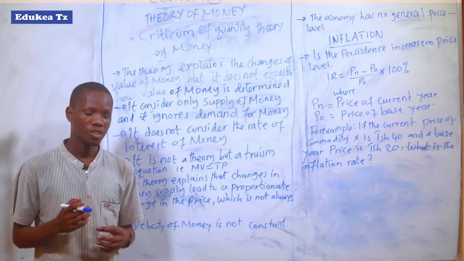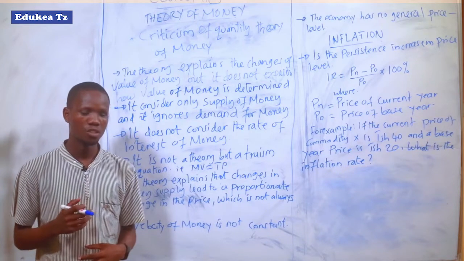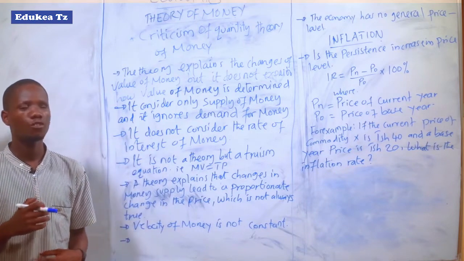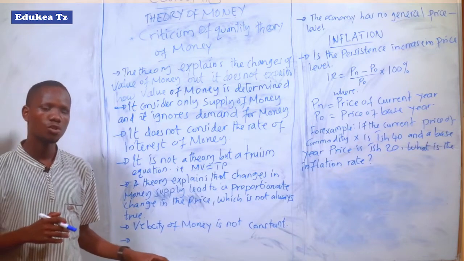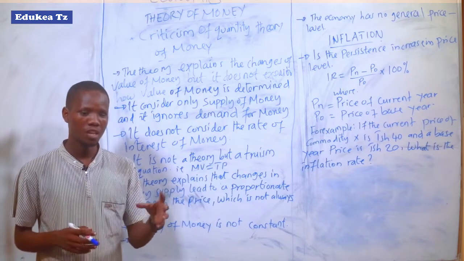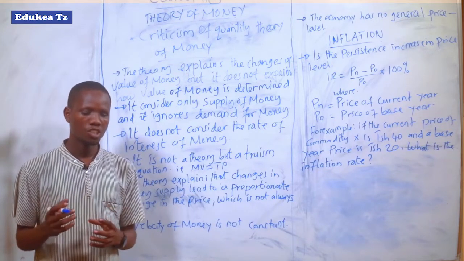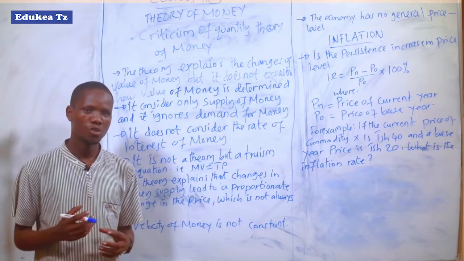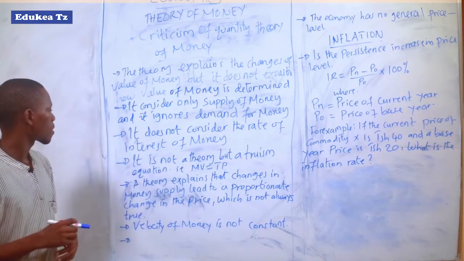This means that when the quantity of money is higher in the economy, the value of money will be lower. When the value of money is low, the price of buying goods and commodities will be high. It means only a small unit of commodity will be sold at a higher price, and vice versa is true.